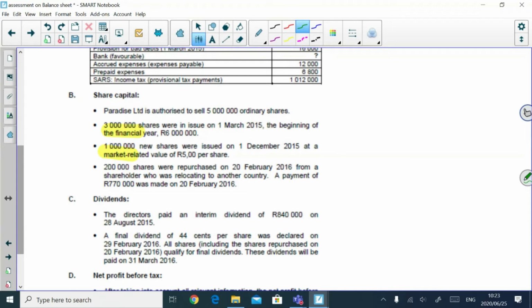Then 200,000 shares were purchased on the 20th of February 2016 from a shareholder. That means there is an outflow of money going out, which means that bank will decrease by this amount, 770.